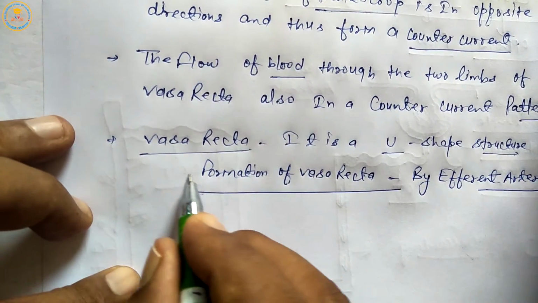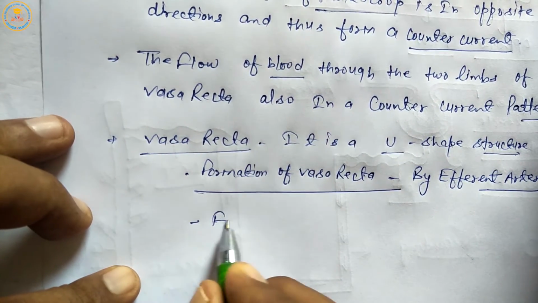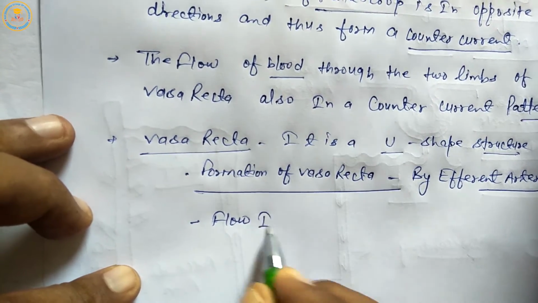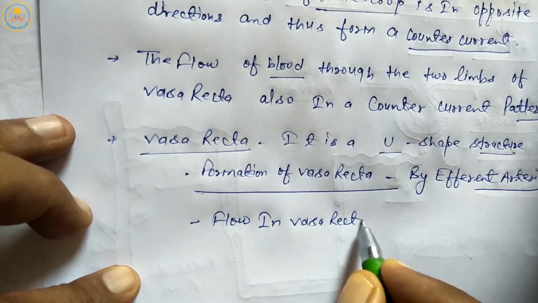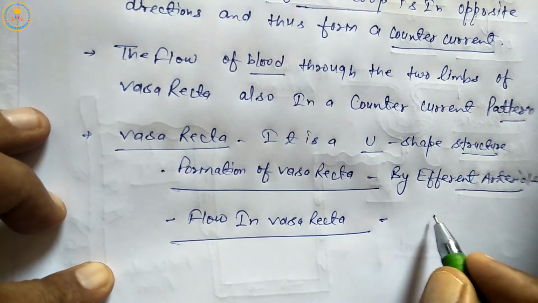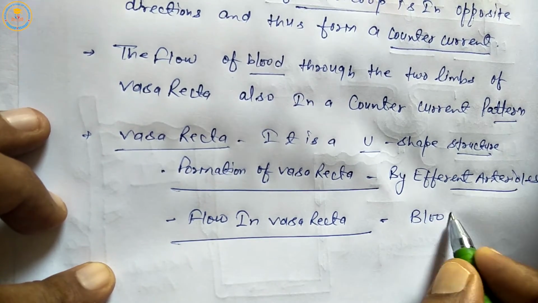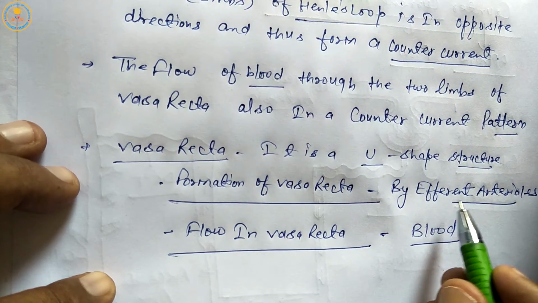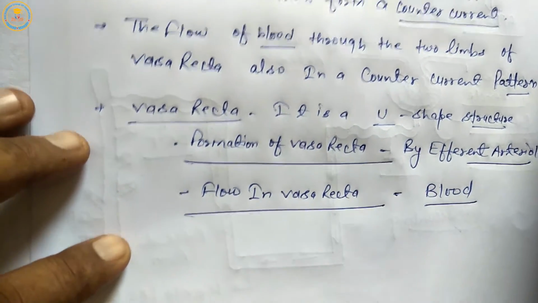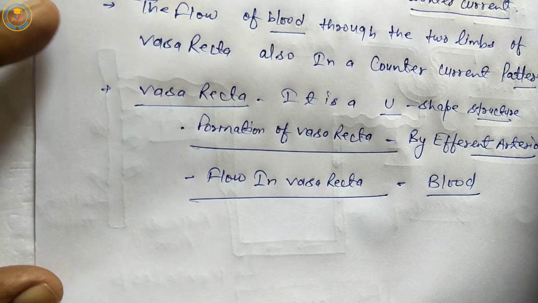Next, flow in vasa recta is blood. Once again, U-shape structure, formation by efferent arterioles, and flow in vasa recta is blood.